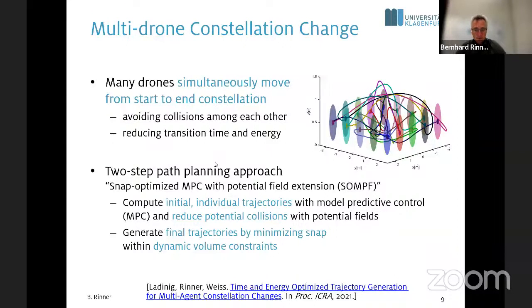So we need to take care of that and avoid or reduce the potential collisions, and we do that with potential fields. Once these initial plans have been established, we then optimize the trajectories within some spatial constraints to achieve fast transitions, to maintain collision-free movement, and also to lower the energy consumption of the movement for each drone.